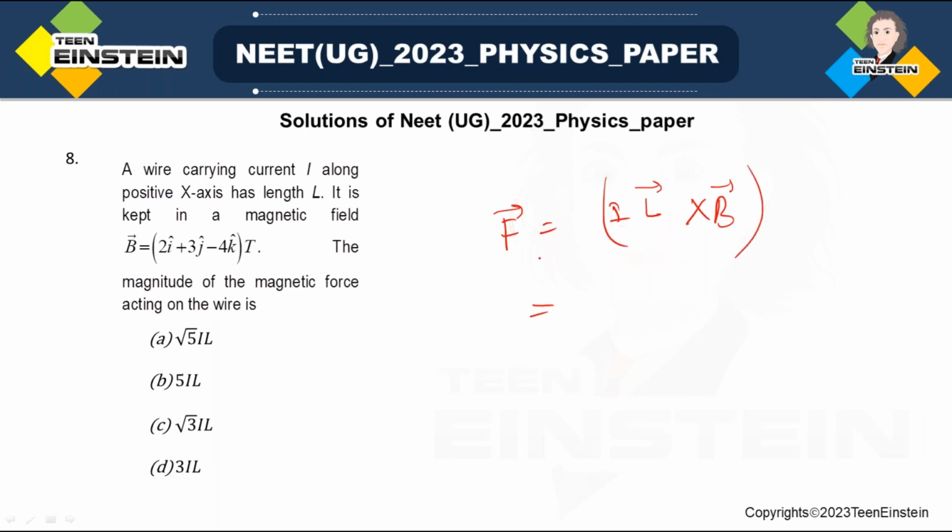So if you find out, L is in the positive x direction, so I'll write L in the I cap direction, and B is 2 i cap plus 3 j cap.